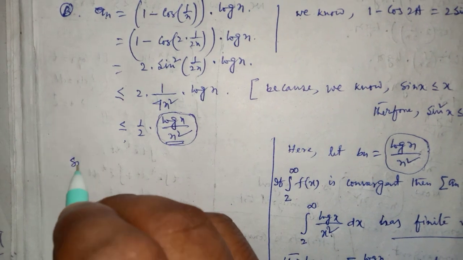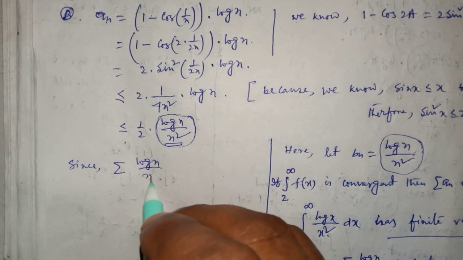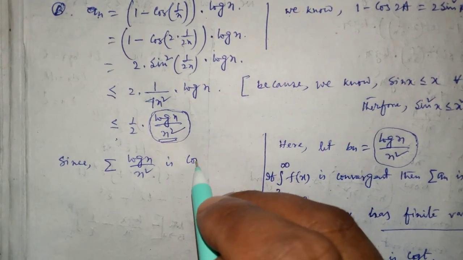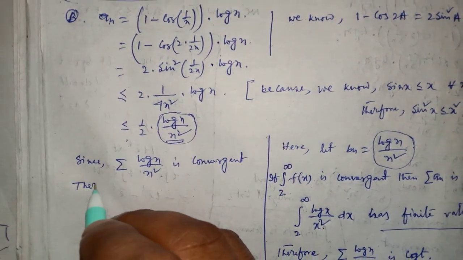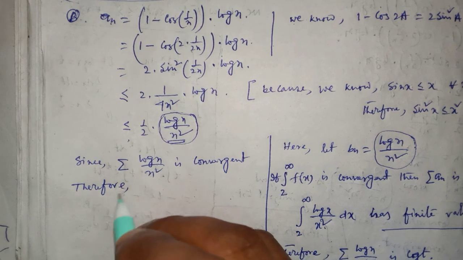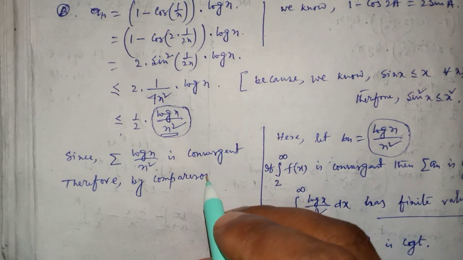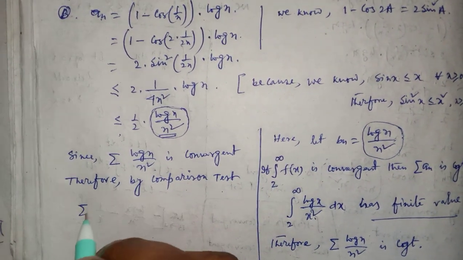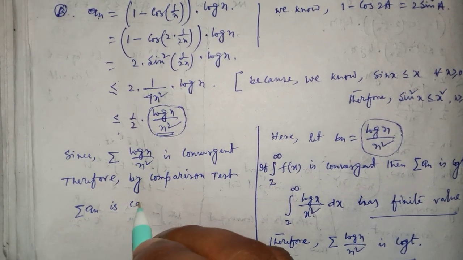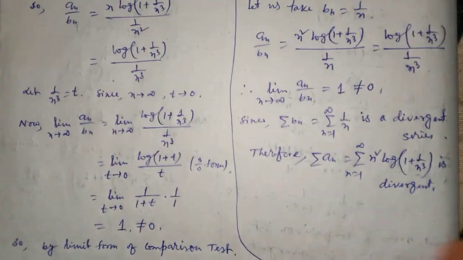Therefore since summation log n by n square is convergent, therefore by comparison test summation an is convergent. Therefore option B is true.